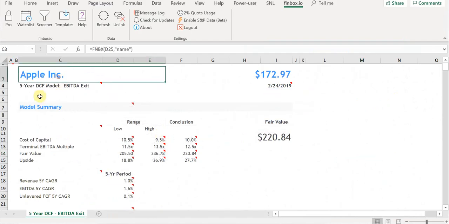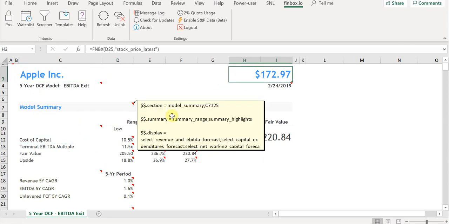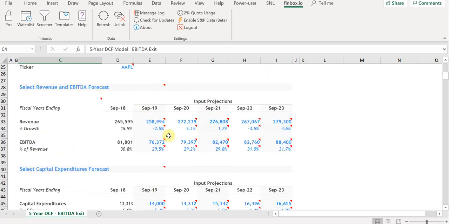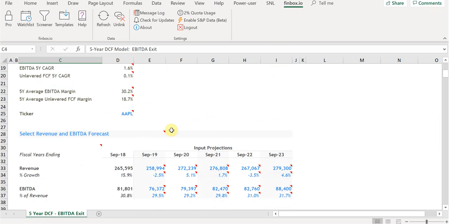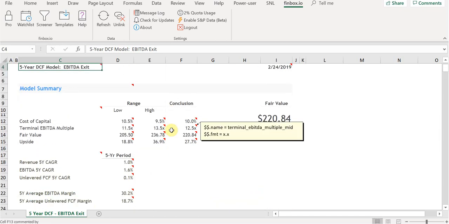So anyways, let's run through a case study of valuing a stock. Right now I have Apple's stock completely input in a 5-year DCF, assuming an EBITDA exit rather than a perpetuity growth assumption at the end of 5 years. I like that because we have metrics in comparable companies on an EBITDA exit.